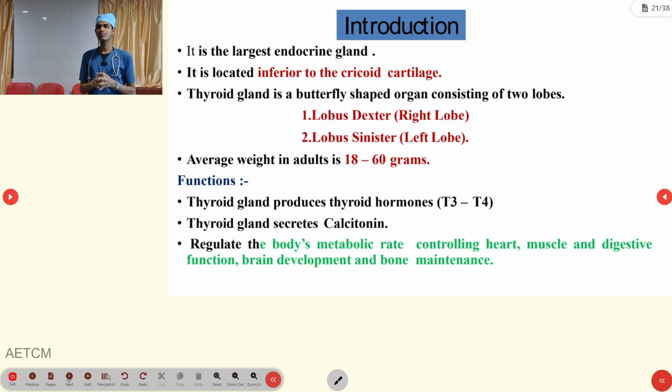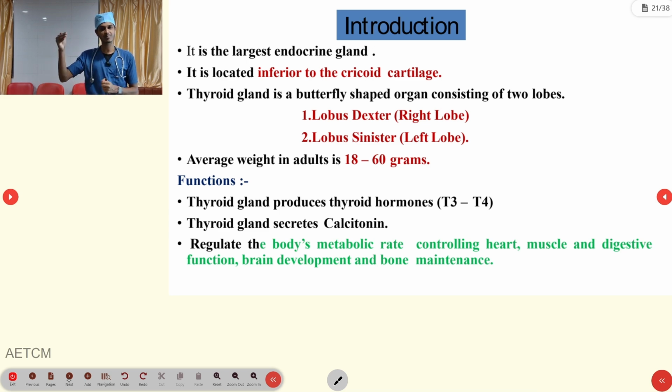One more important thing, it modifies the action of the heart and respiratory functions. It can increase or reduce the heart rate, causing tachycardia or bradycardia, and tachypnea or bradypnea, depending on thyroid secretion.